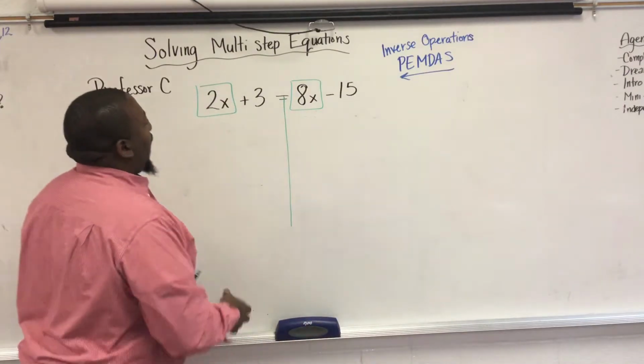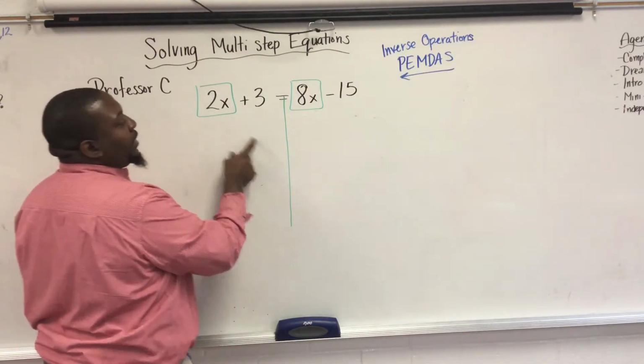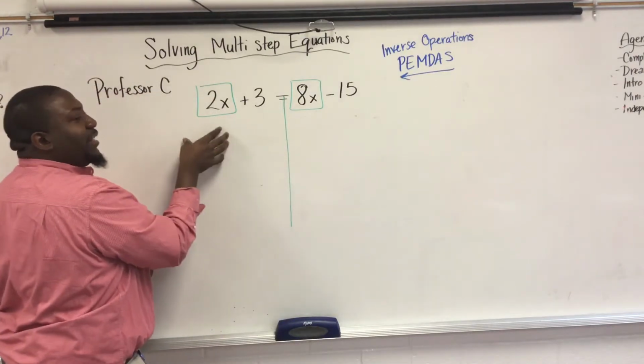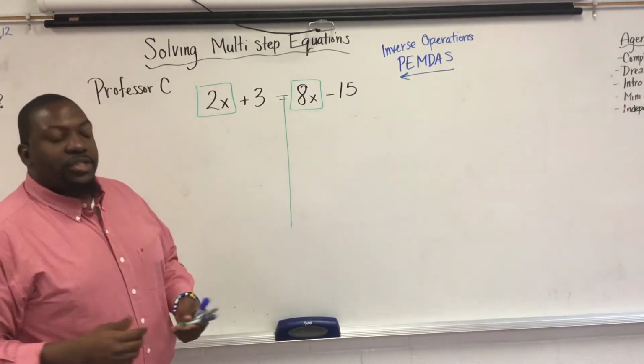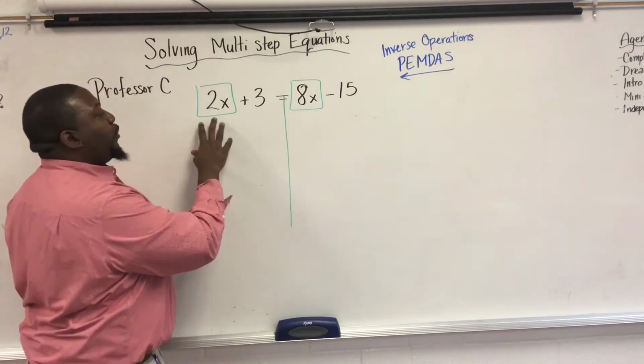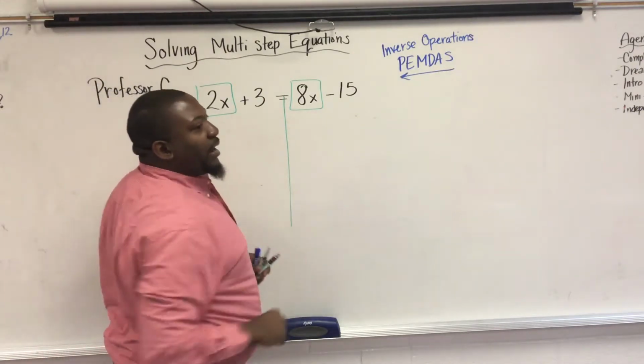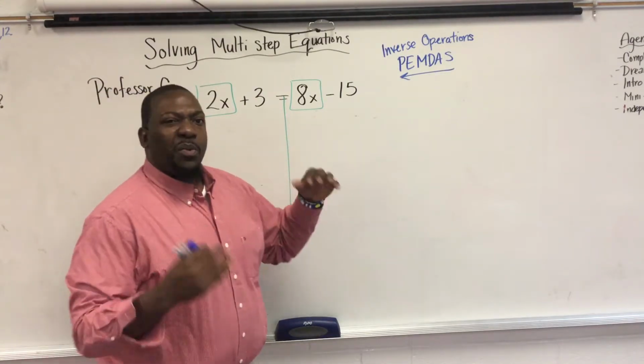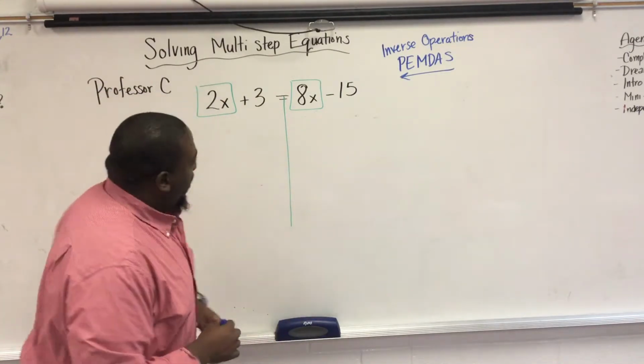I want to move either my 2x to the other side of the equal sign or my 8x to the left side of my equal sign. The choice is yours. Today, I'm going to move my 2x to the right side of the equation. I chose that because I know that 2 is smaller than 8 and I can work with a positive number. Okay, let's see how it's done.